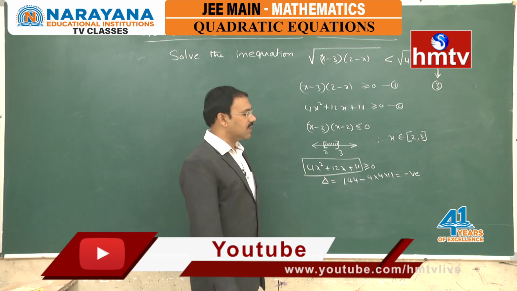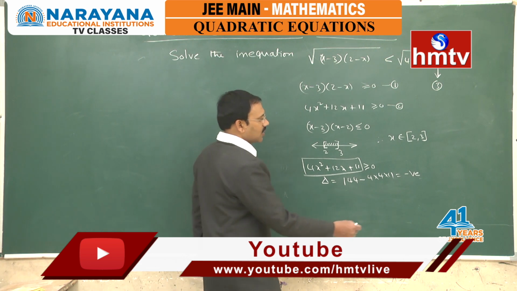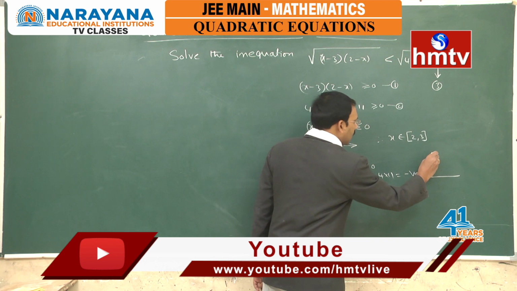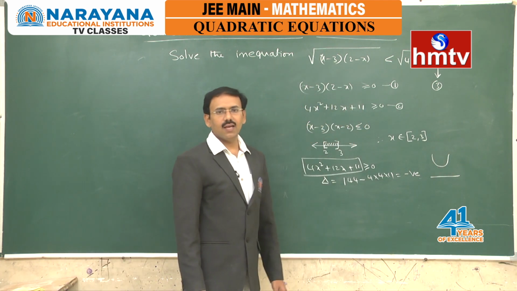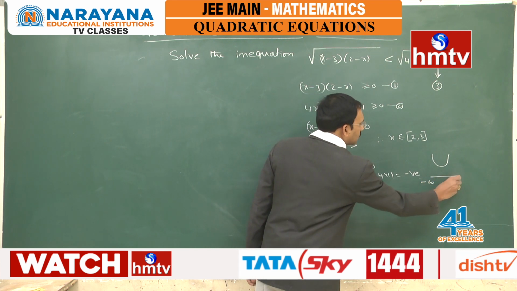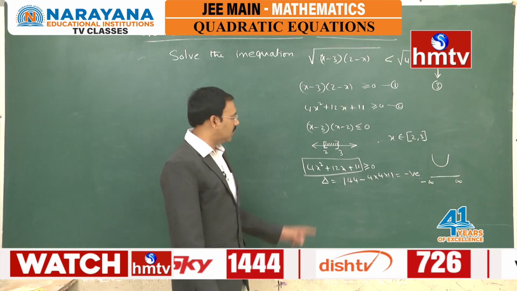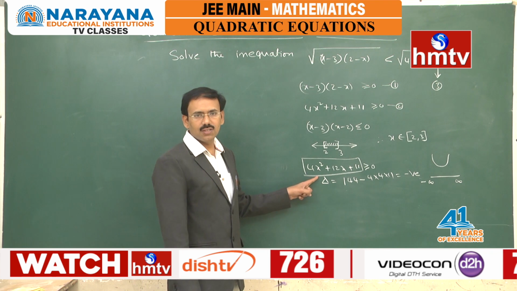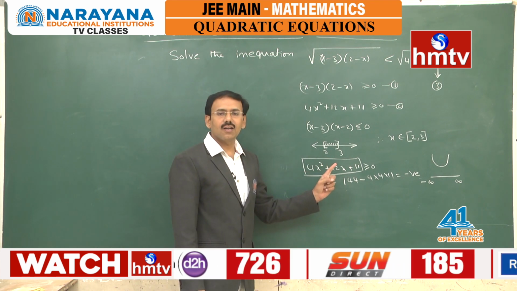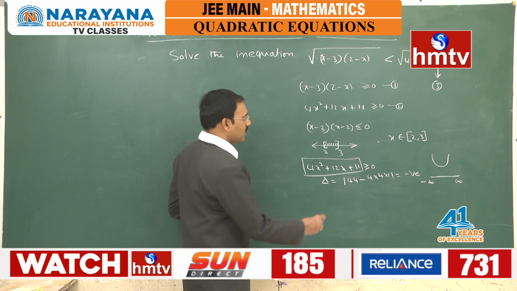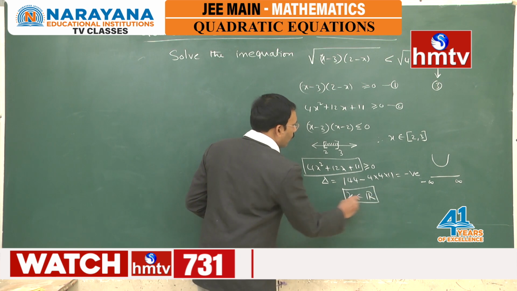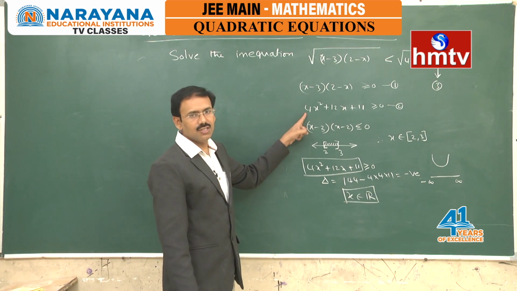As delta is negative, its graph will be an upper parabola and it should not intersect the x axis. That means for all real values from minus infinity to infinity, this expression is positive. I want those x values for which it is greater than or equal to 0. That means the solution set is x belongs to R for the second condition.